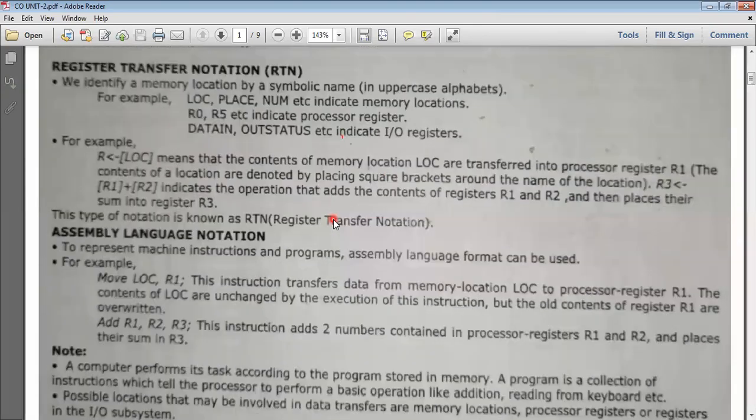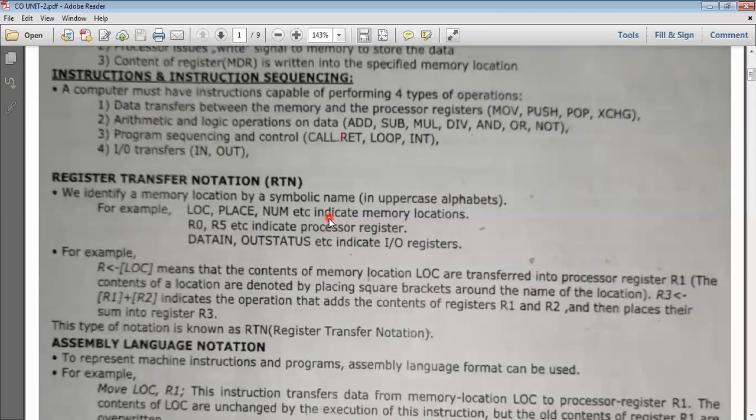In today's class we learned what is meant by an instruction, what variables we use, and what operations are performed by instructions. We learned register transfer notation and assembly language notation, how the syntax looks, and what the syntax means.